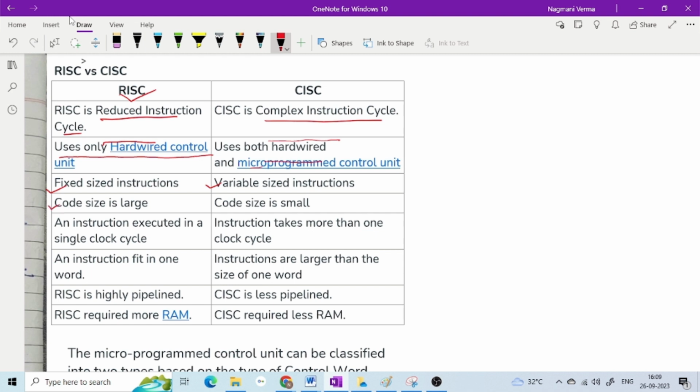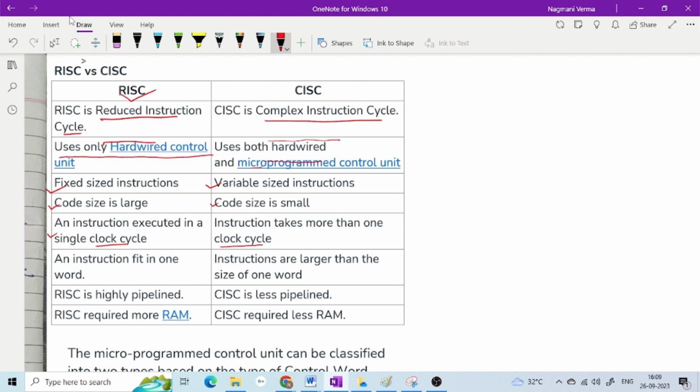Now it's talking about our coding, like programming. Because it does small tasks, our code will be big, but here our code will be small, so the number of instructions will be less. In RISC, instructions are executed in a single clock cycle. Yes, one instruction will be executed in one clock cycle, but in CISC it will take more than one clock cycle to complete because it is complex.